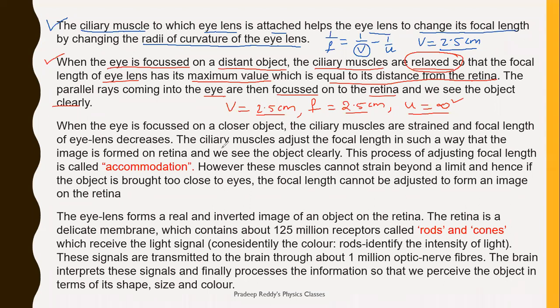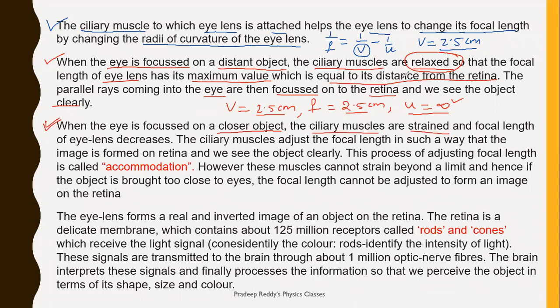So farther distance objects will have the least strain on the eye. That is the second point. Coming to the third one, when the eye is focused on a closer object, the ciliary muscles are strained.